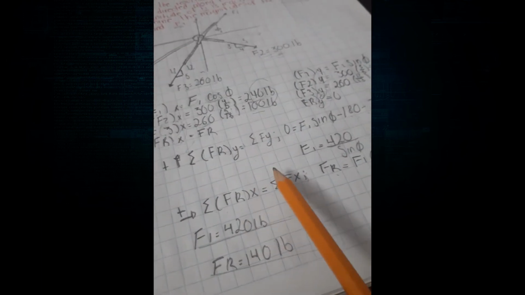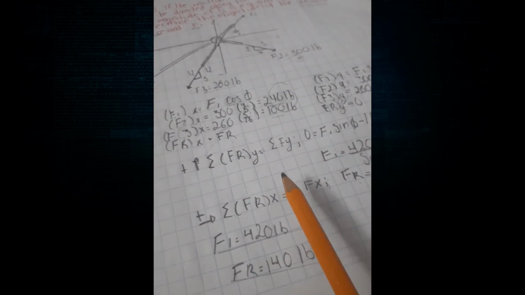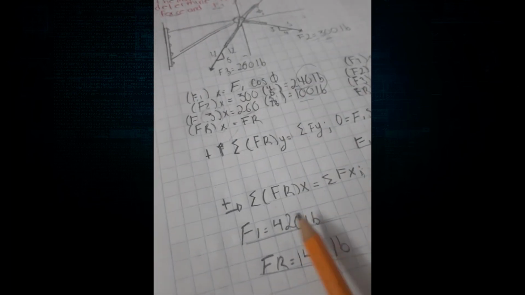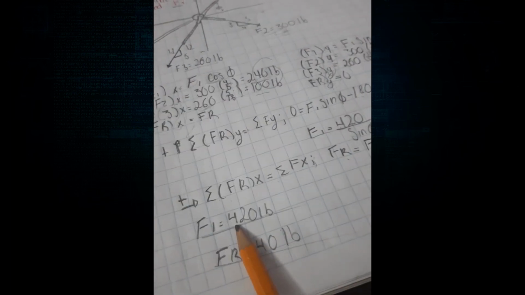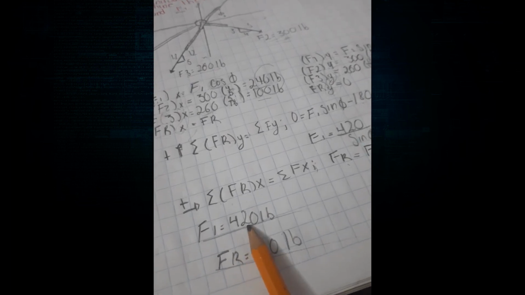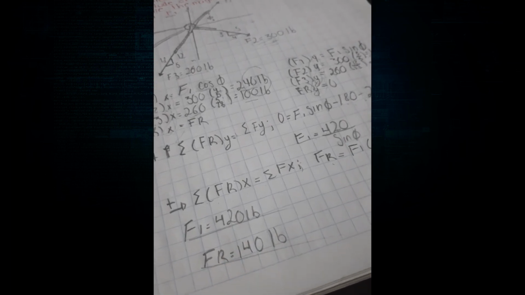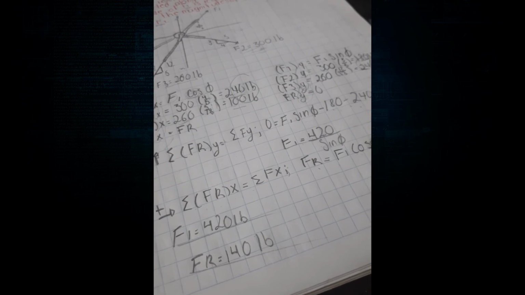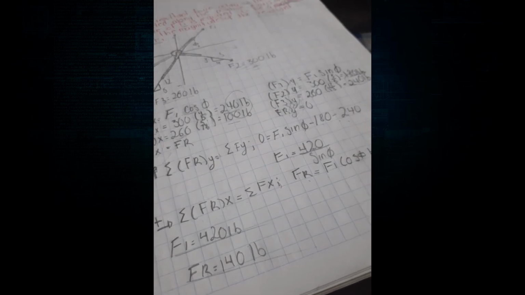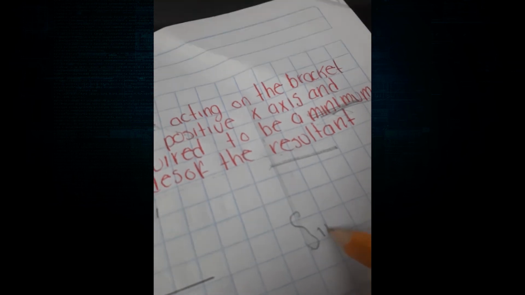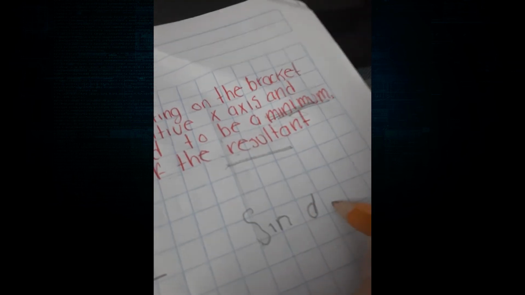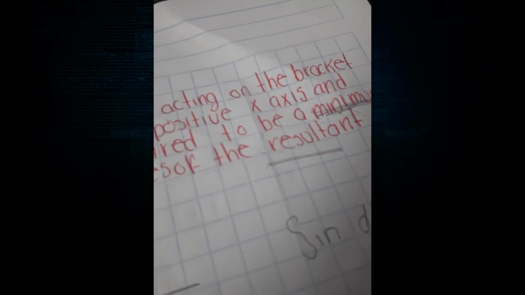Okay, we need to substitute the results into the equation, and the first answer is of F1. It is equal to 420 and 114. But important, the minimum is equal to sine of this angle, which is equal to 1.